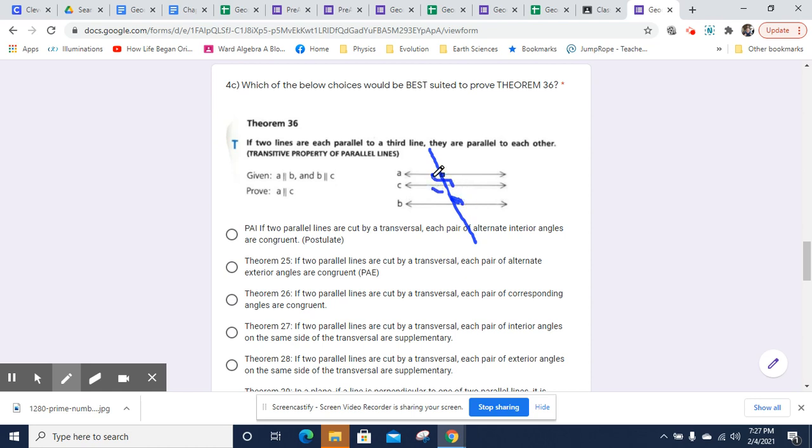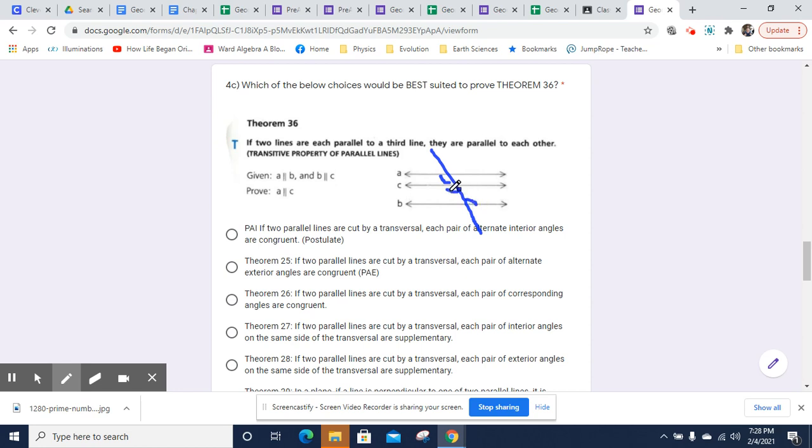So if we could use the fact that A and B are parallel, let me erase some stuff and start over here. If we drew a transversal through here, and we know A and B are parallel, then we can say that this angle is congruent to this angle because they're alternate interior angles for a transversal cutting through two parallel lines. Then we say B and C are parallel, so we know that also. So then this angle here is congruent to this angle.